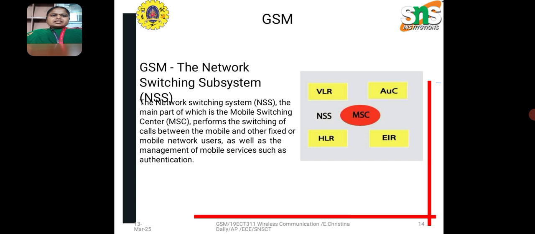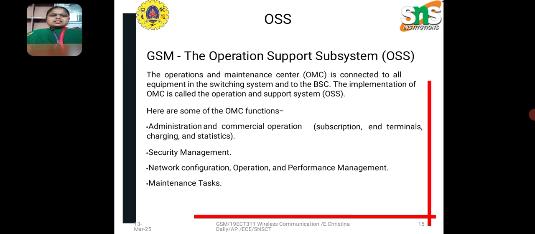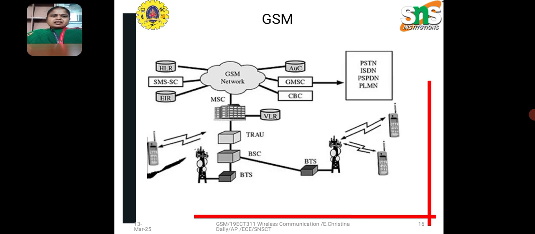This is the architecture of the GSM. The mobile switching center is the main center which connects to the visitor location register, home location register, and authentication. The OSS is the operation subsystem, and the functions that occur in the OMC are administration and commercial operations, security management, network configuration operation, and maintenance tasks.